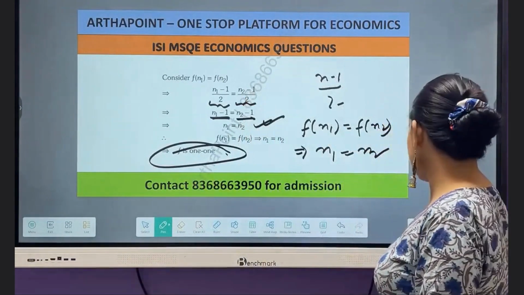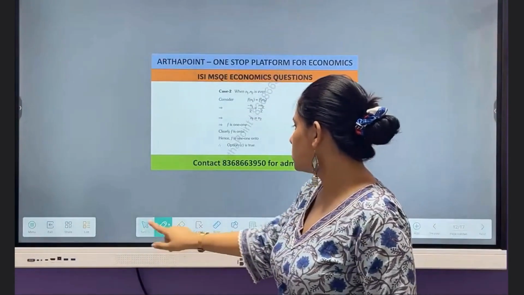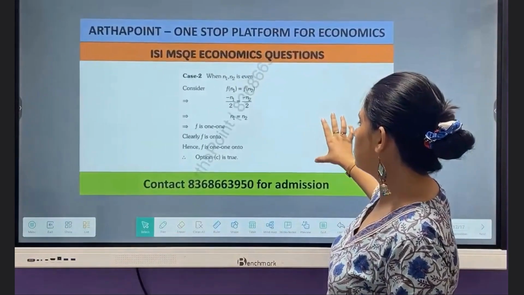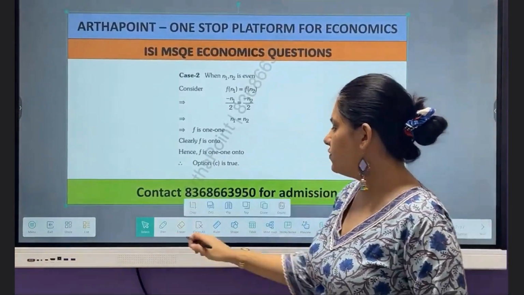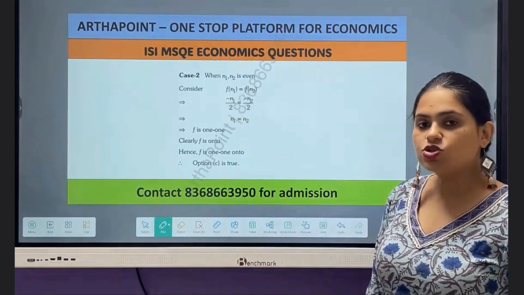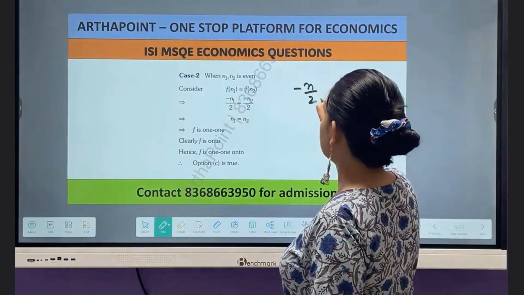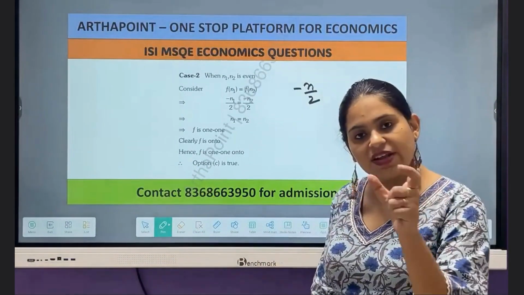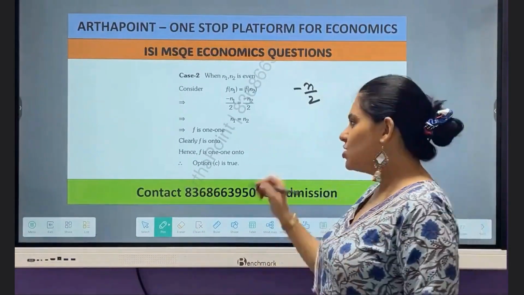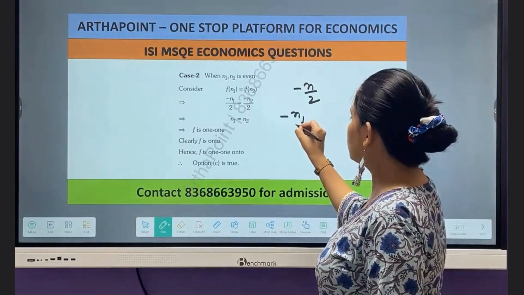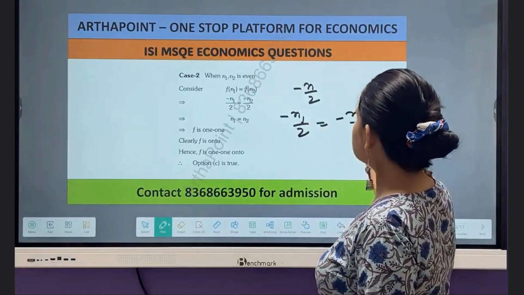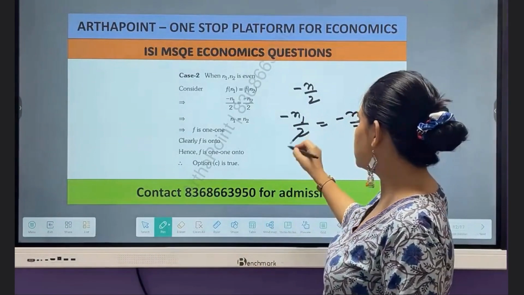Try it for the even values also. So for even values, what is your function beta? The function is minus n by 2. Let n1 and n2 be both even. So if minus n1 by 2 is equal to minus n2 by 2, so beta, 2 and 2 cancel out.